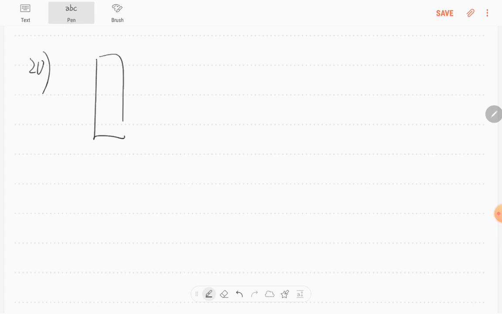So this is the function: 5, 8, 11, 14 mapping to 30, 48, 66, 84.